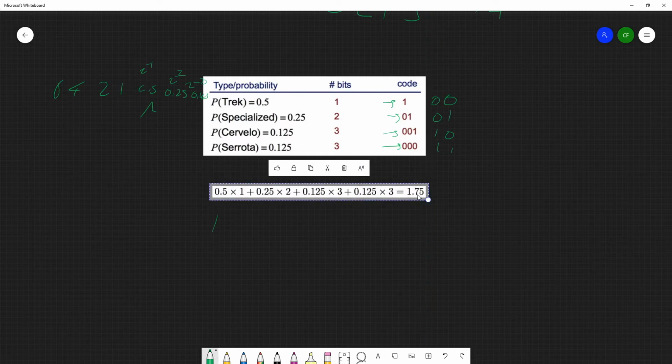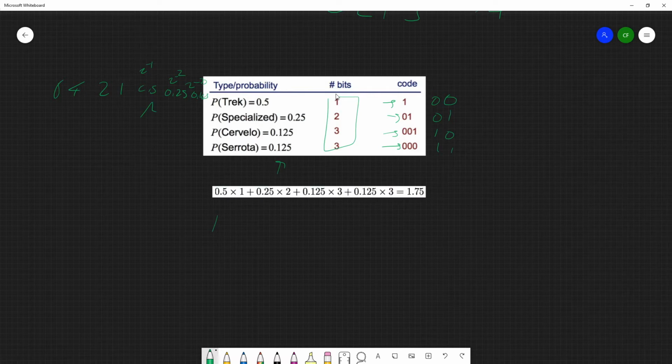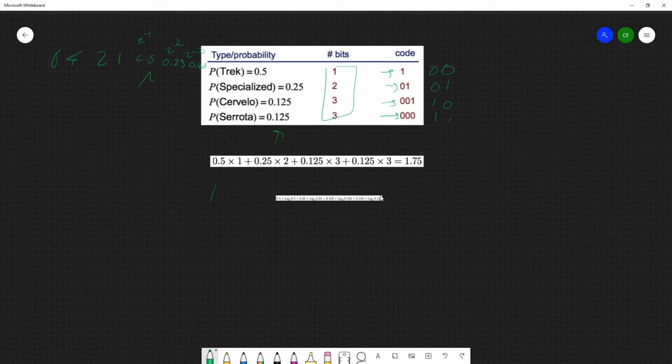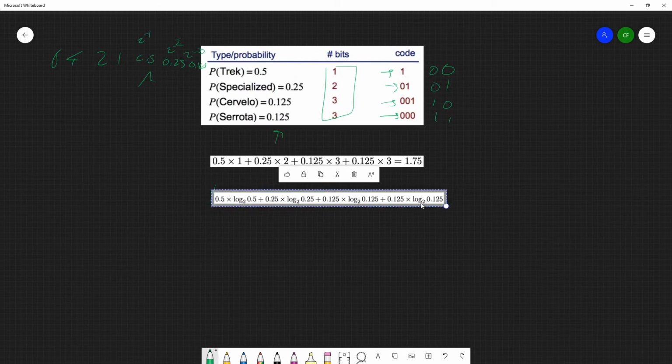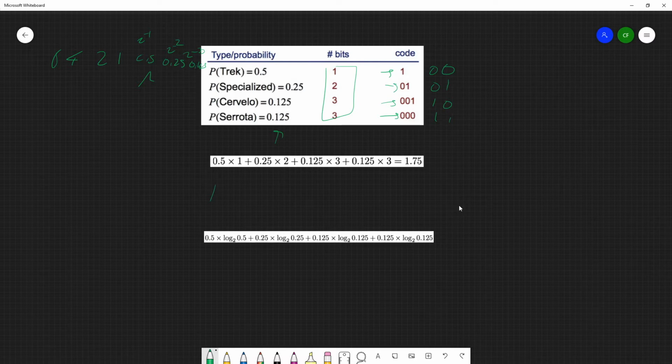This is specific to this case, and not the generic way of doing it, but another way of doing this means you don't have to know all the same information. You don't need to know how many bits ahead of time, because we're trying to find that out. Rather than saying, okay, we can put random values on all of them and find the one that lowers it the most, what we can do instead is use logarithmic arithmetic, which gives us this equation. Basically, rather than multiplying by the number of bits, you multiply by the log 2 of the probability.